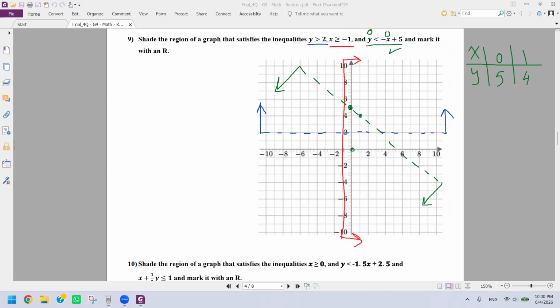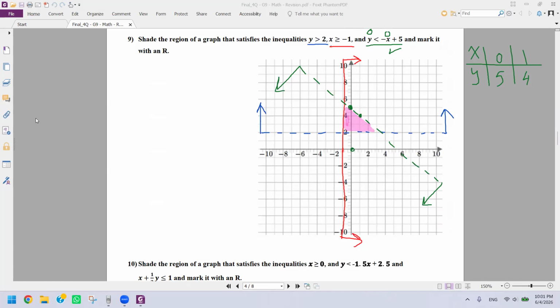For shading, let me use a color here. So it's that part, the part that is accepted.